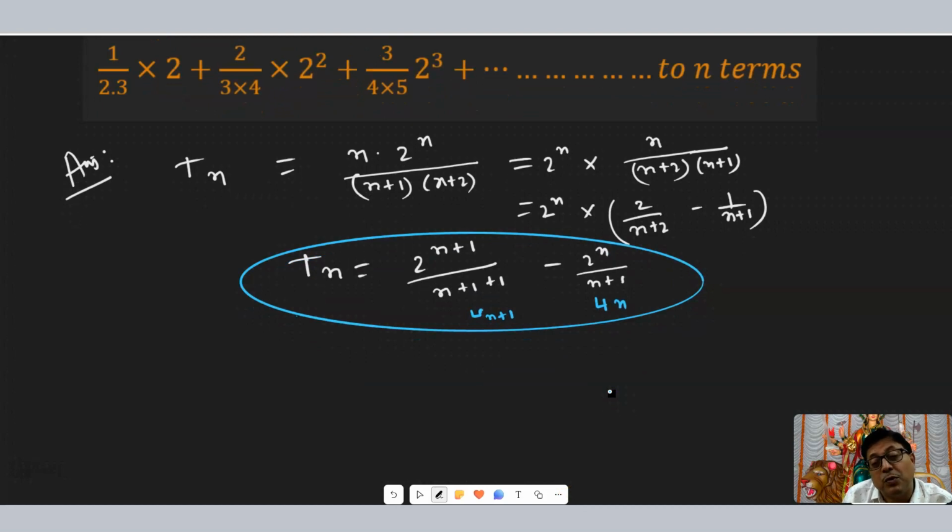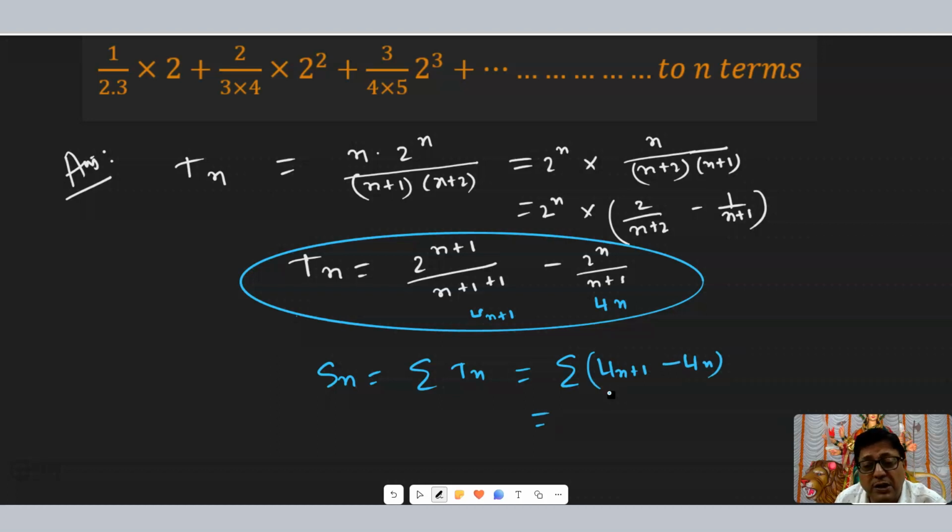So this time, what will be the sum? Sn will be sigma Tn. This is sigma un plus 1 minus un. What does it give? That I have explained already. It will give you un plus 1 minus u1. What is un plus 1? What is left over there?